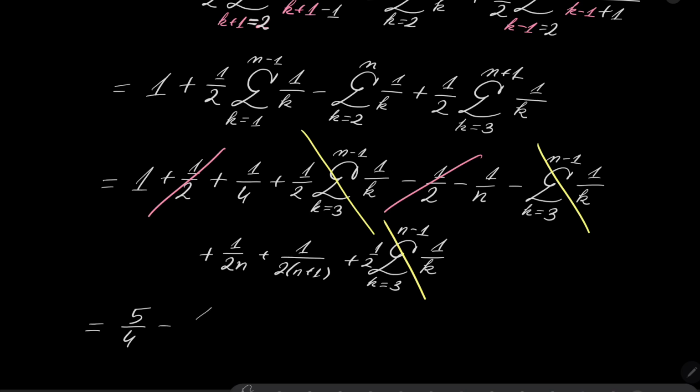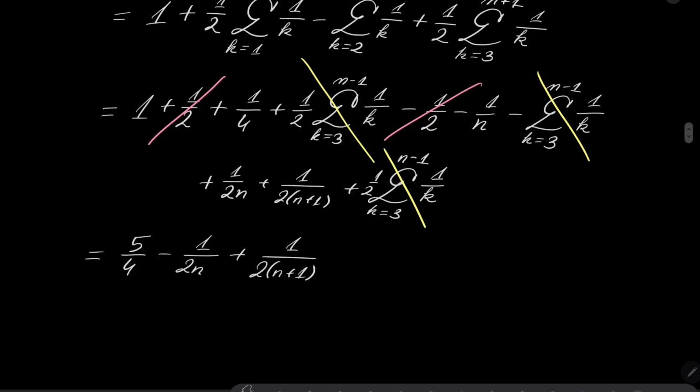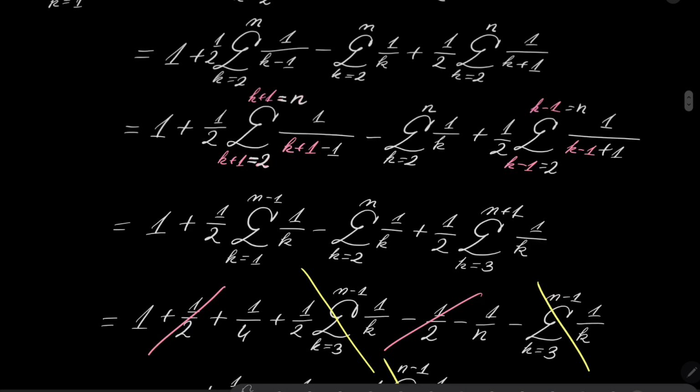So it's minus 1 over 2n plus 1 over 2(n plus 1). And actually, I will put minus in front. Why not? And notice that this fraction right here is greater than 0. So we are subtracting something greater than 0. So the whole thing is definitely strictly less than 5 over 4, which happens to be exactly what we wanted to demonstrate.